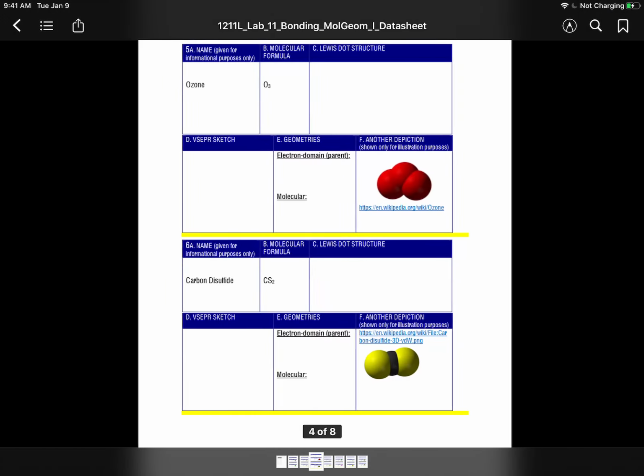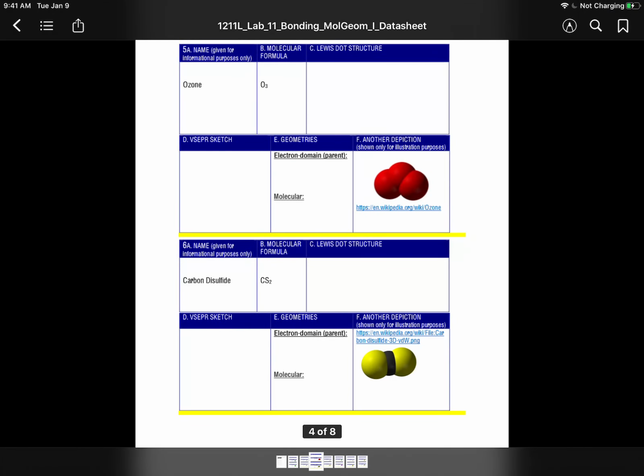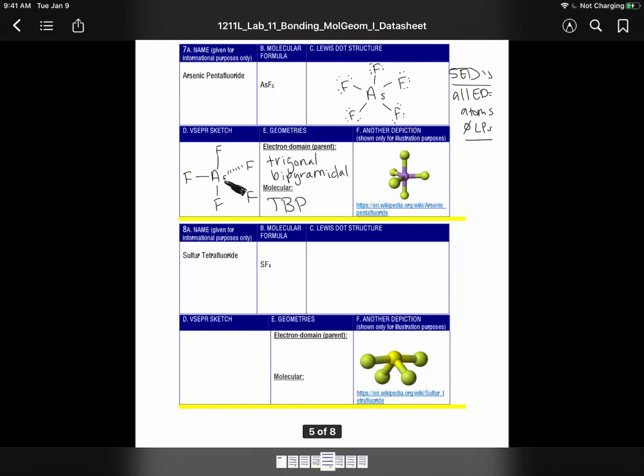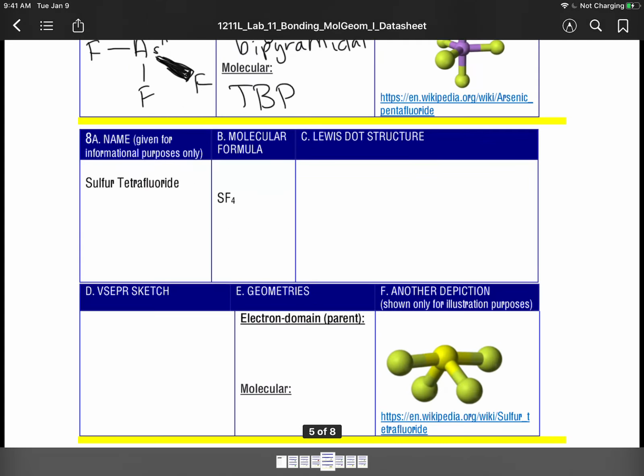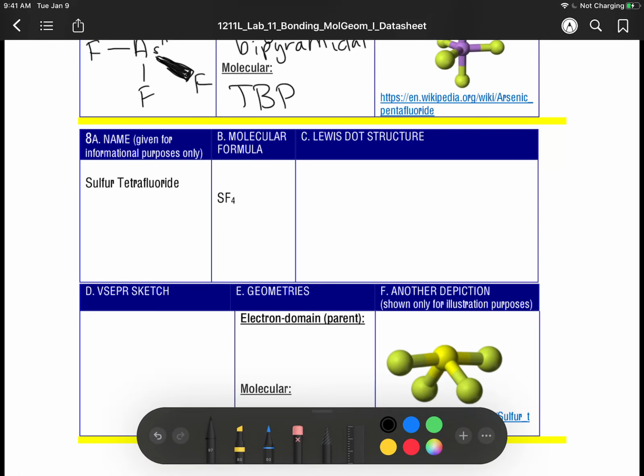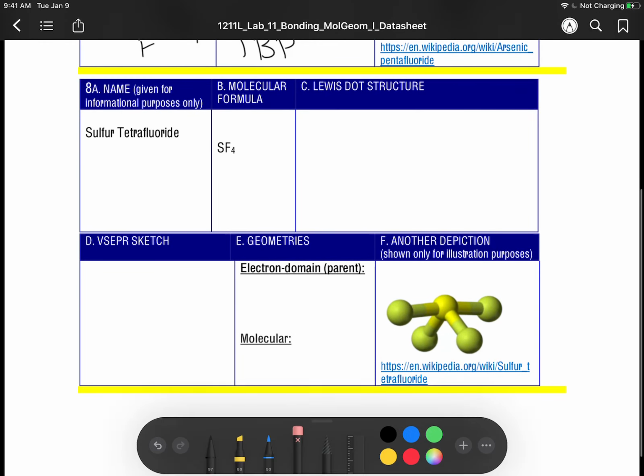Okay, let's try sulfur tetrafluoride. So sulfur tetrafluoride, oops. There we go.